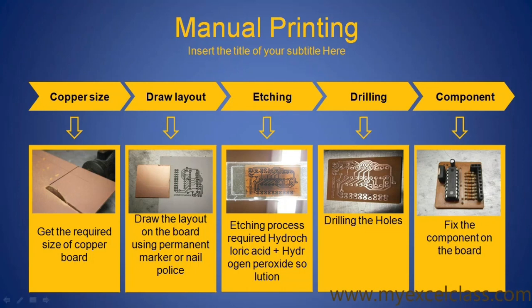In this dry process, we paste a photoresist on the PCB. After that, we paste this layer. After that, UV rays are used in this work. After this, the layout is pasted on the PCB.